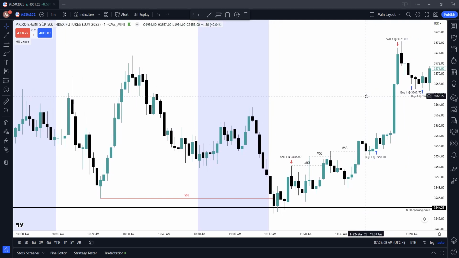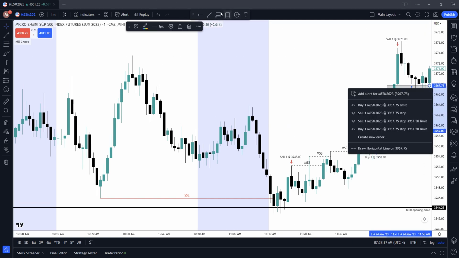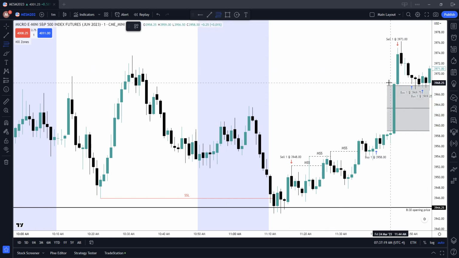So I entered long here, and this is actually a play that I didn't hate, because this is a setup that I've been seeing, and I was able to do it yesterday as well on my paper account. But this consists of a huge move from something. I don't recall what this was from.